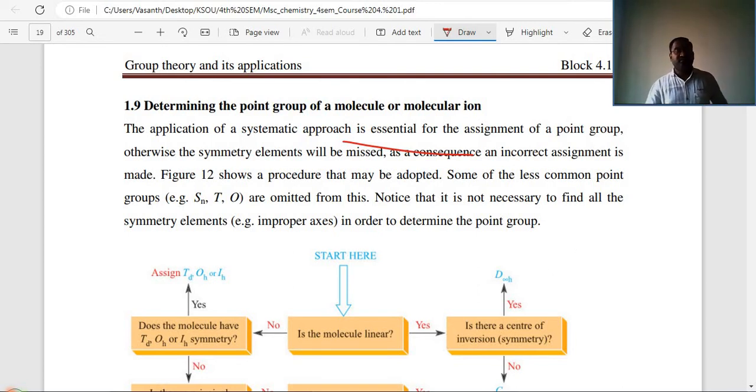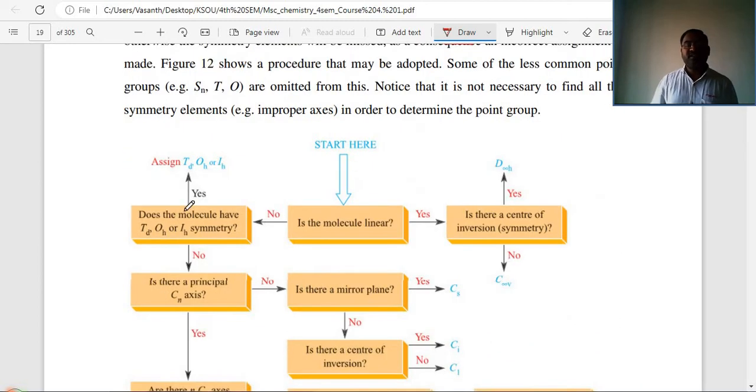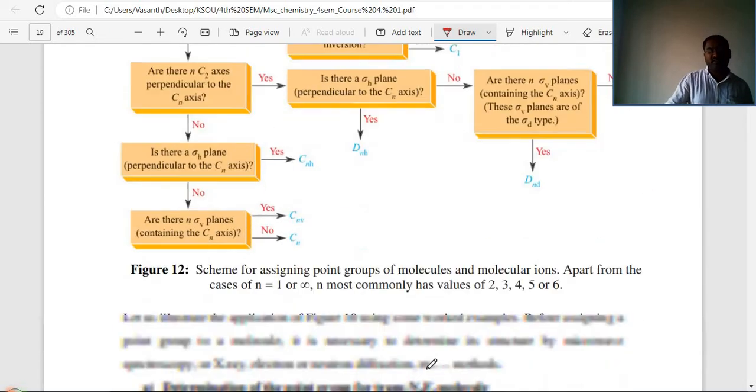We consider the structure of titanium oxide. There is a principal Cn axis, and the molecule has a mirror plane, center of inversion, center of symmetry, etc.